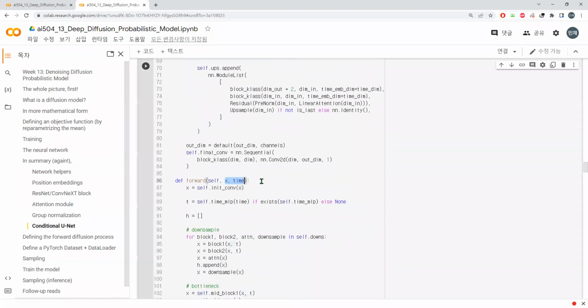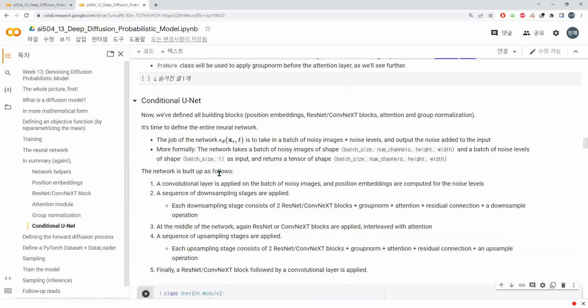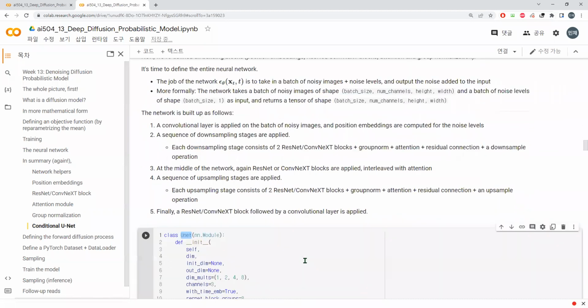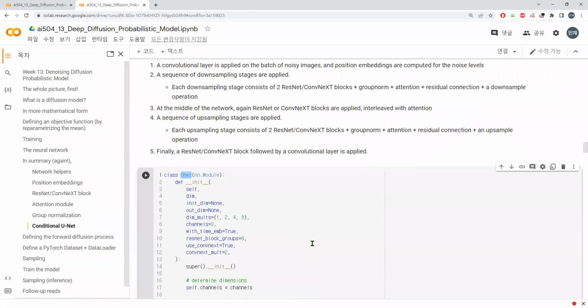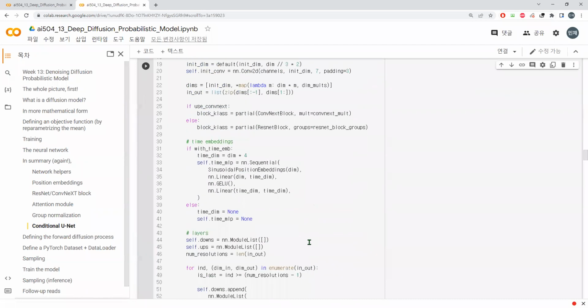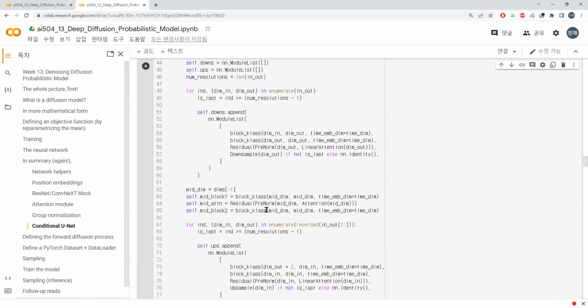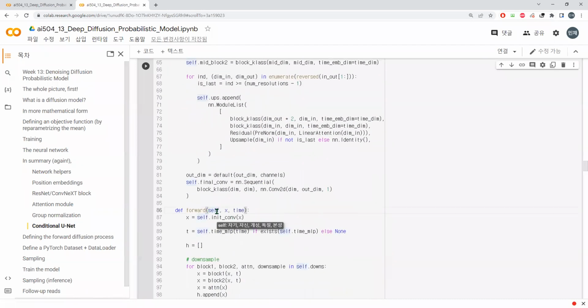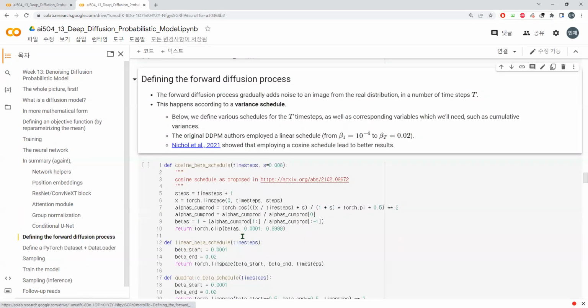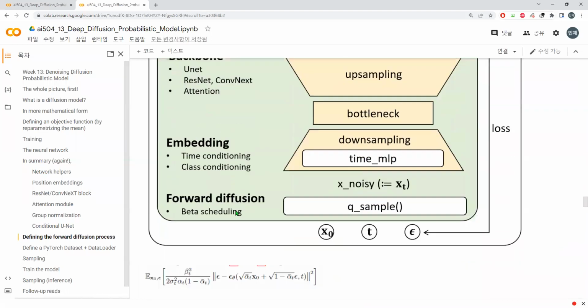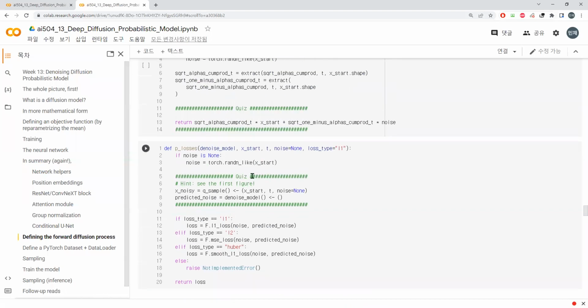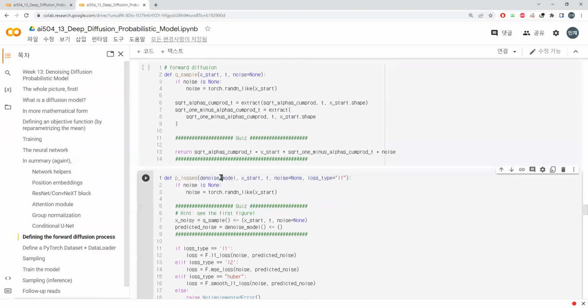Look at this: the forward method in the UNet class, which will be instantiated into our denoise_model.